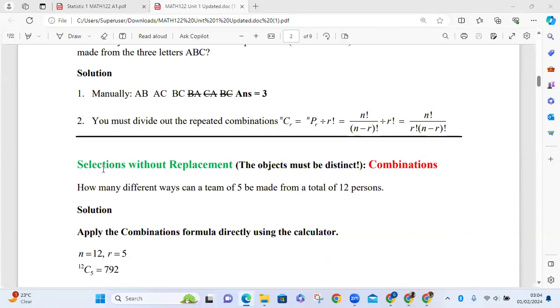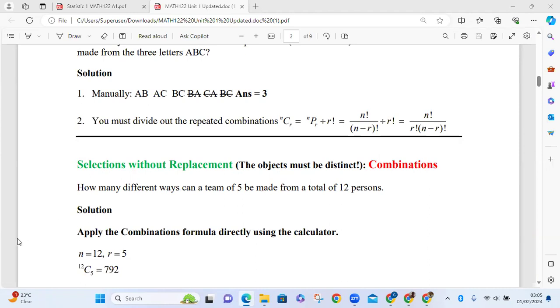So take, for example, you want to select without replacement, where the objects must be distinct, combinations, and you want to select 5 from 12. You want to know how many distinct selections, how many combinations of 5 from a total of 12.